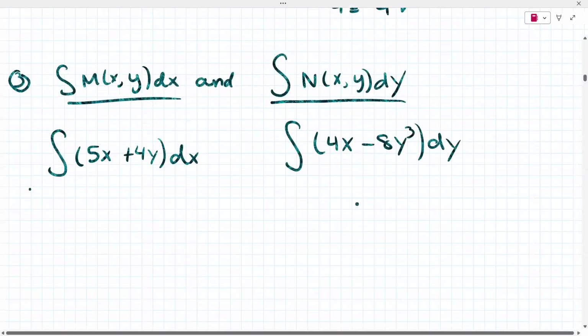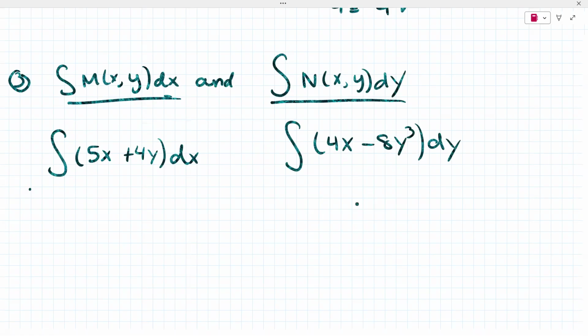Okay, so let's take the integration of this with respect to dx and x. So what is the integral of 5x with respect to x? That would be 5x^2/2. What is the integration of 4y with respect to x? It does not have an x, so you have to add one. So it's just going to be plus 4yx.